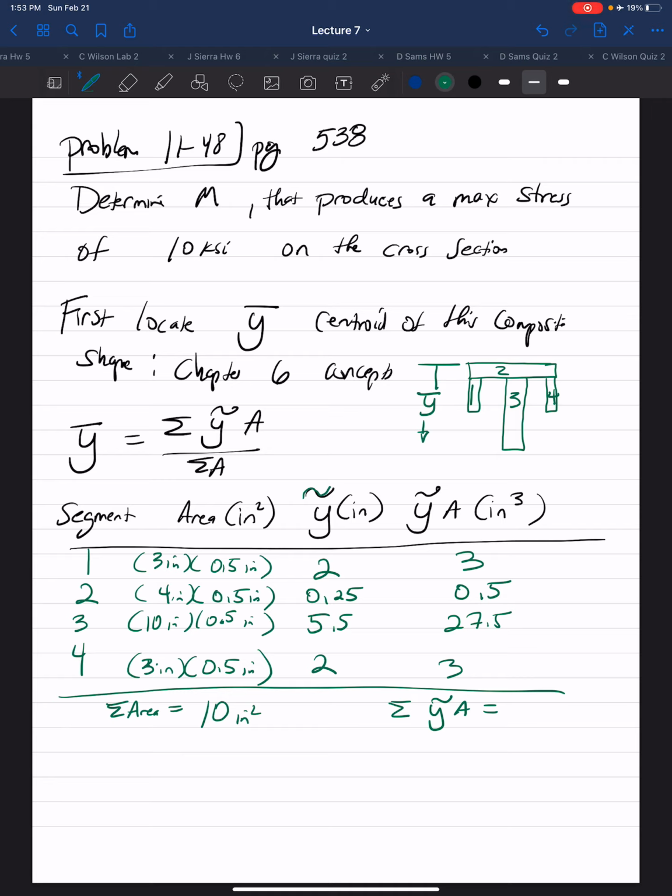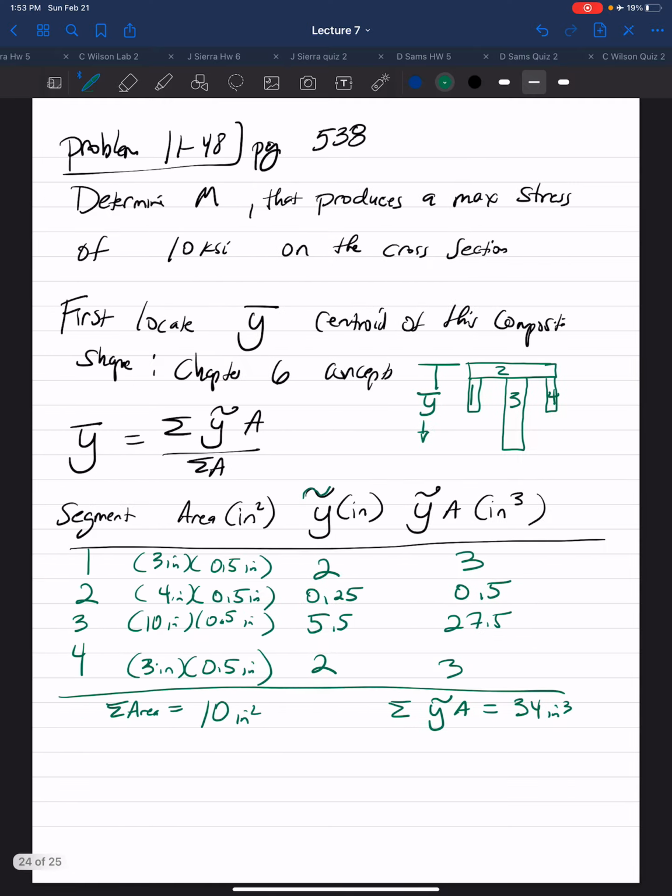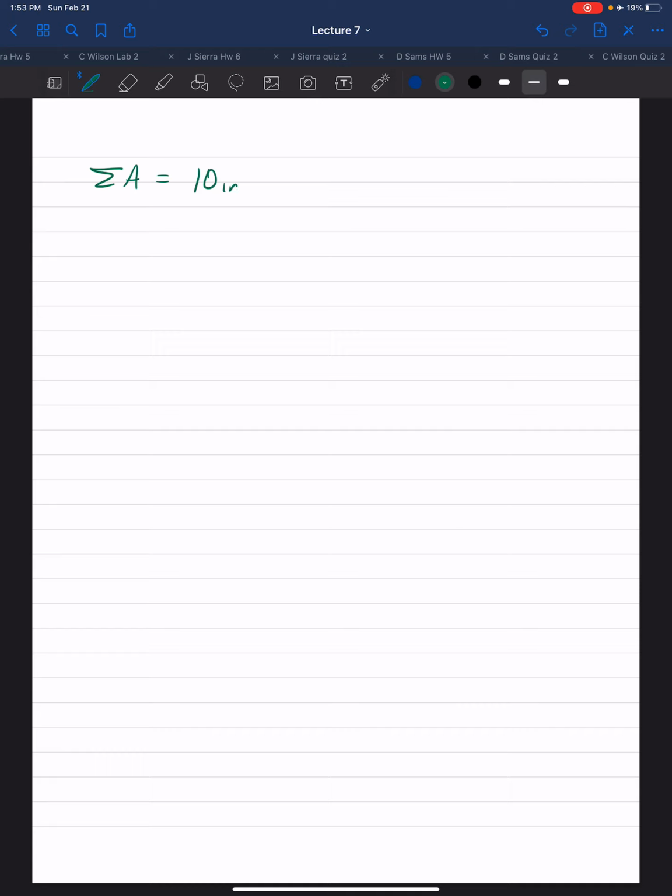Your y wavy bar A sum is 3 plus 3 plus 0.5 plus 27.5, 34 inches cubed. So let's recap it. Your sum of your area is 10 inches squared, and the sum of y wavy bar A is 34 inches cubed.